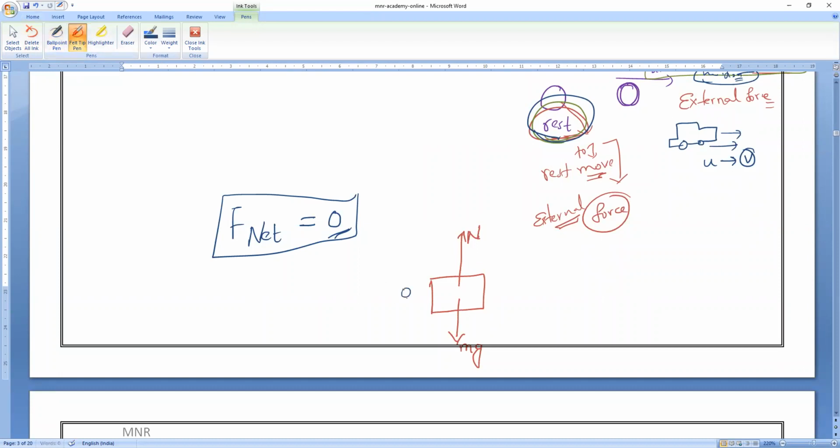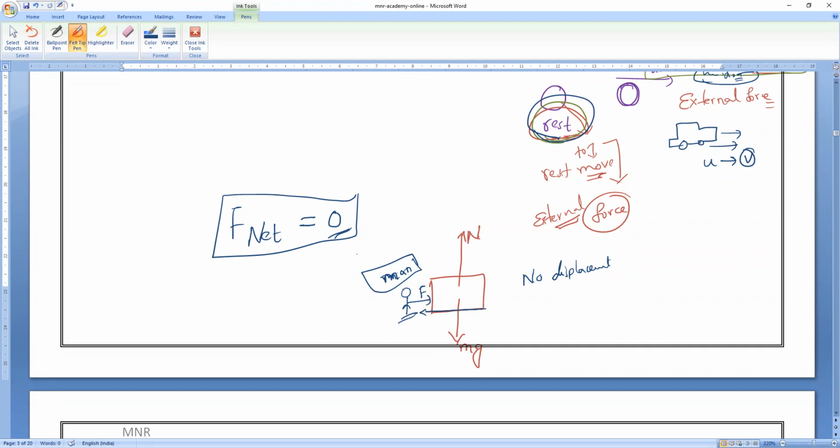For example, a man is trying to apply force in this direction. Still, the body has no displacement. No displacement means the force exerted by this man is not sufficient to move this block, because the force is acting opposite to the direction.